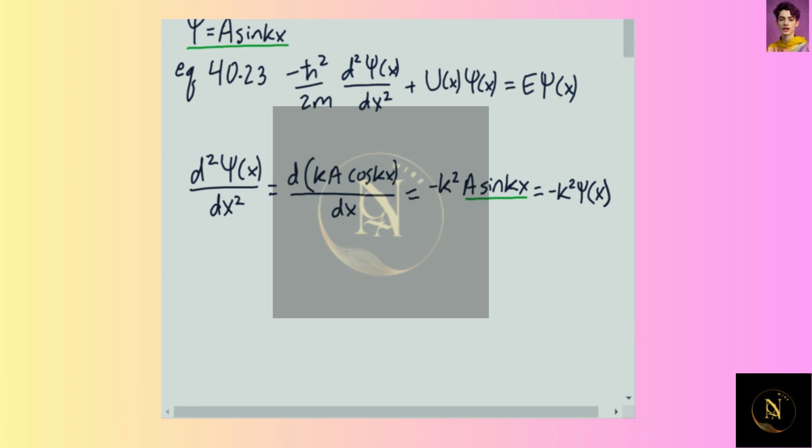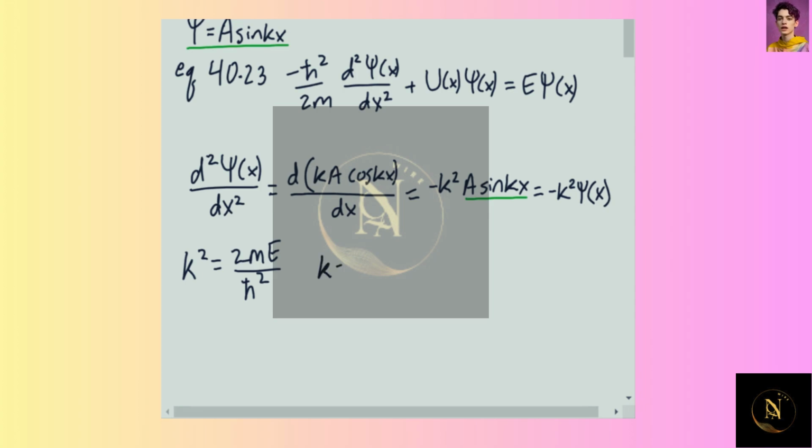So now we know that k squared can be written as 2mE over h bar squared, and we want to solve for k. So we can take each side to the 1/2 power.